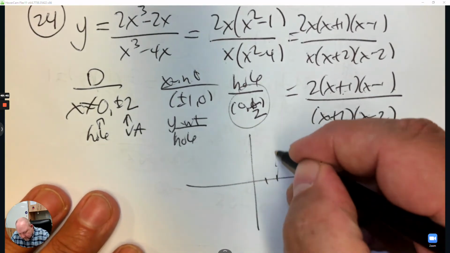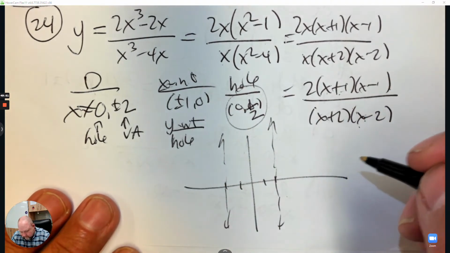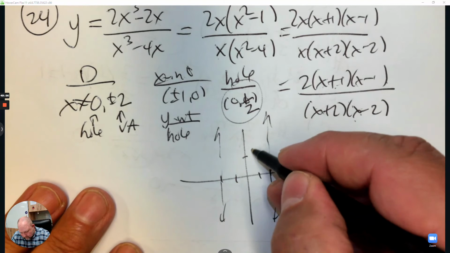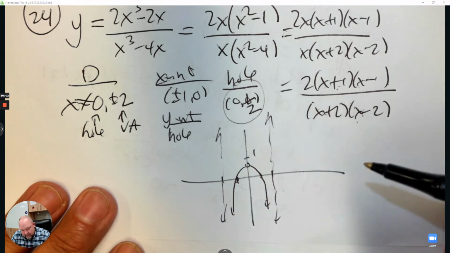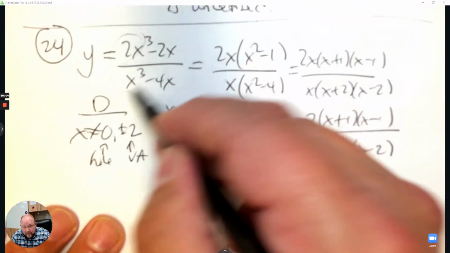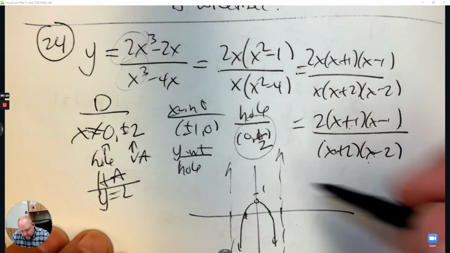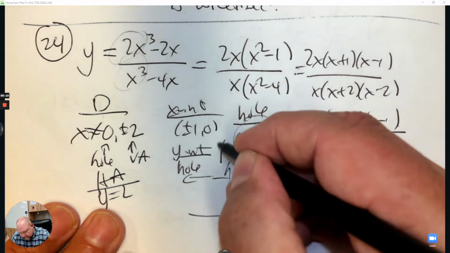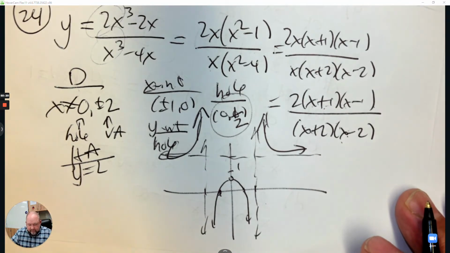So at positive 2 and at negative 2, and then 1/2, we have a horizontal asymptote, the power terms, at y equals 2. And so then we have the picture of that. Some pre-calculus work.